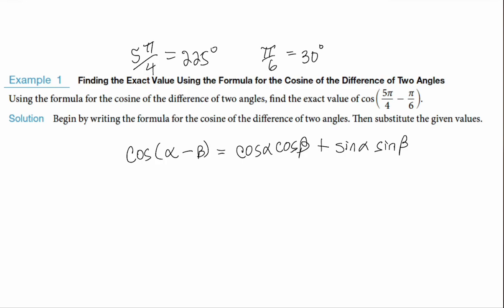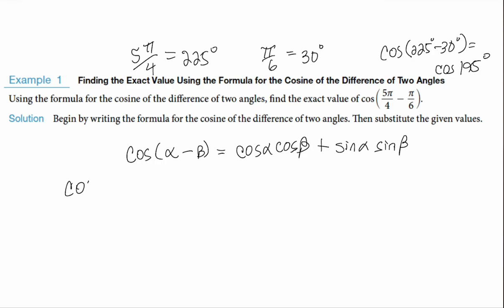So we are technically finding the cosine of 225 minus 30, or the cosine of 195 degrees. Now, 195 degrees is not something on our unit circle. That's why we are forced to use this formula.